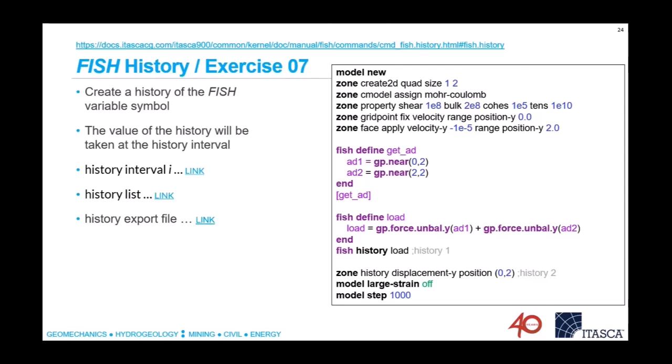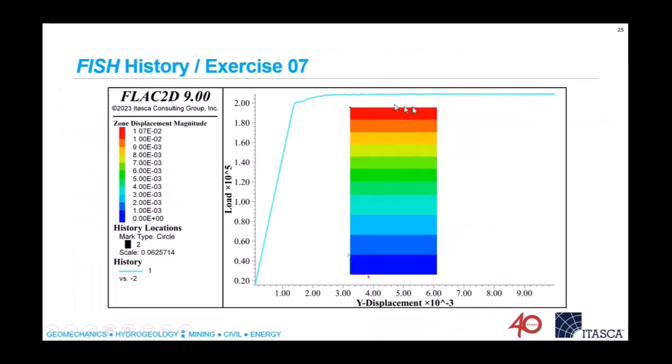So maybe you're mining underneath this surface and it's going to start to cave in. We want to measure that displacement, compare that to satellite information. In this case, we're just looking for a couple of grid points, and they happen to be at 0, 2, and 2, 2, which is here and here.